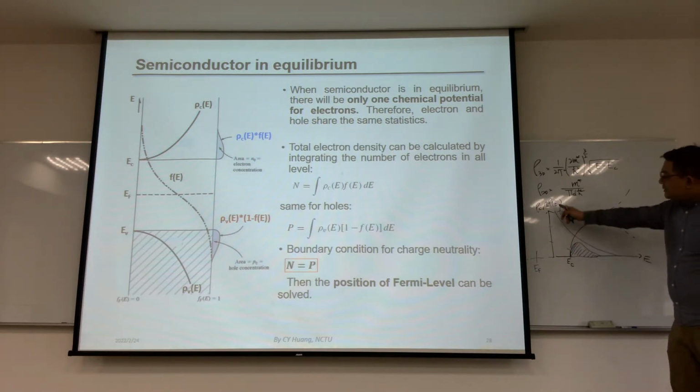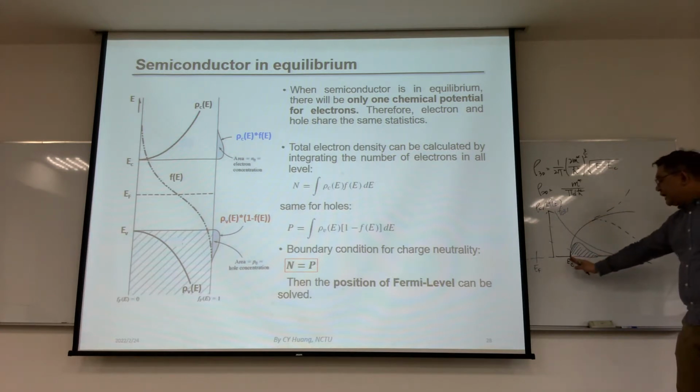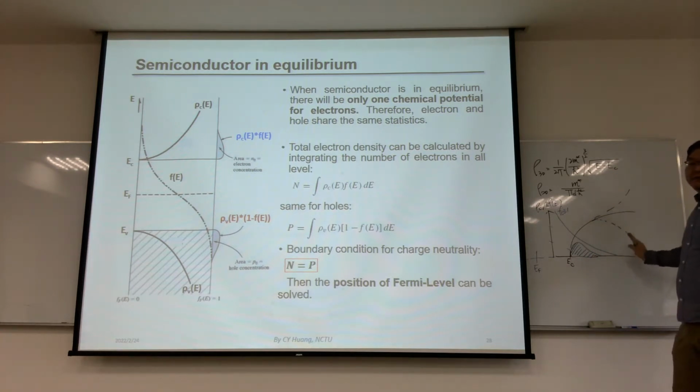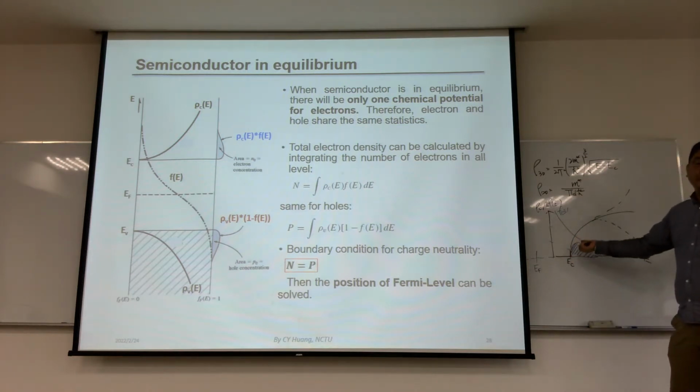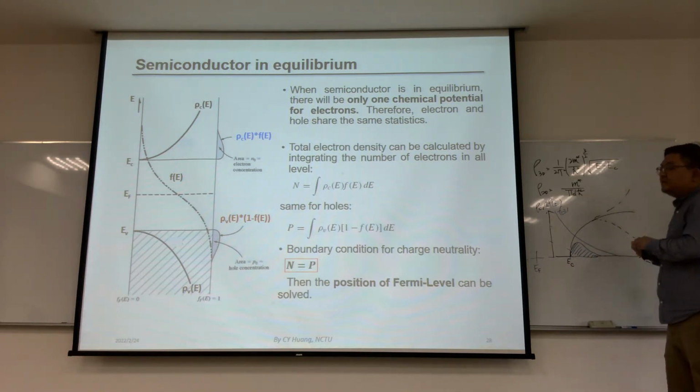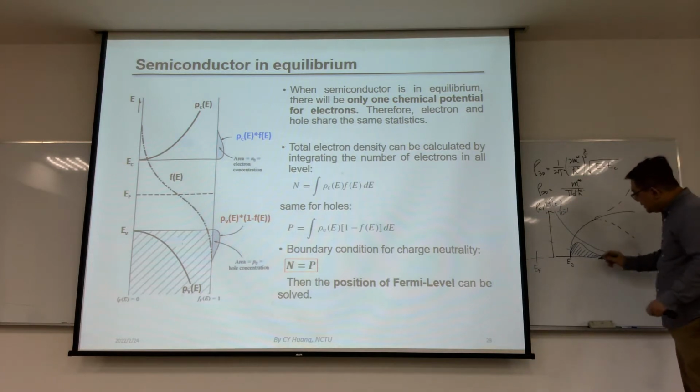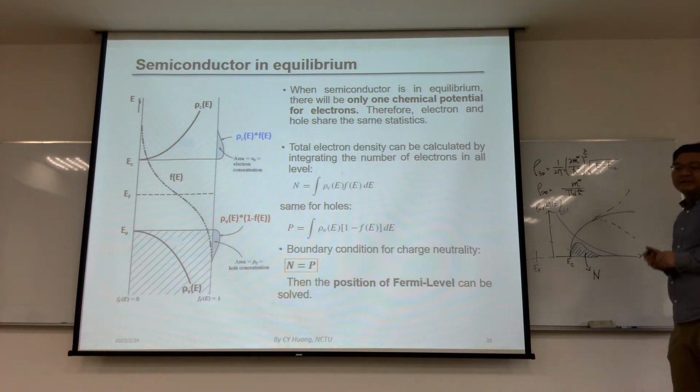But since the probability of occupancy at energies higher than EC is very small, it doesn't contribute much inaccuracy to the system. So a parabolic fitting of the band structure is good enough for most semiconductor materials. So this area is the carrier density.